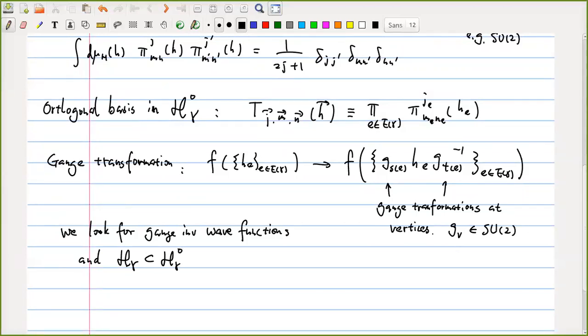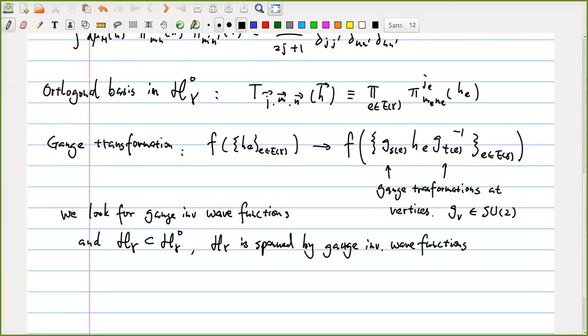So a new Hilbert space H gamma, which is a subspace of the previous H gamma 0, spanned by gauge invariant wave functions.